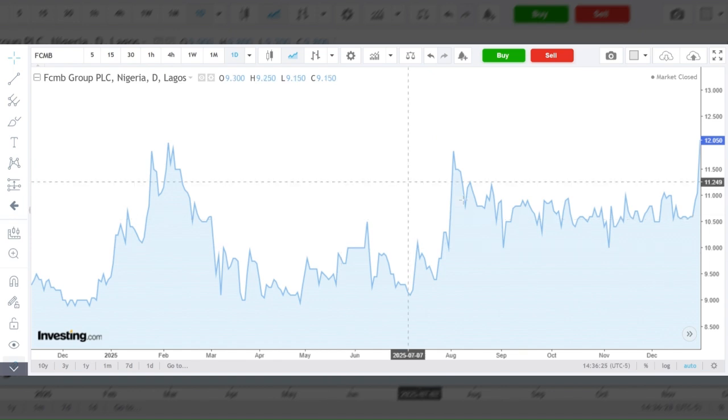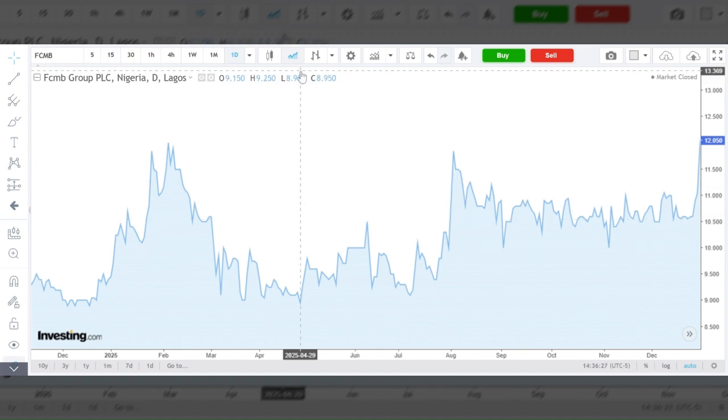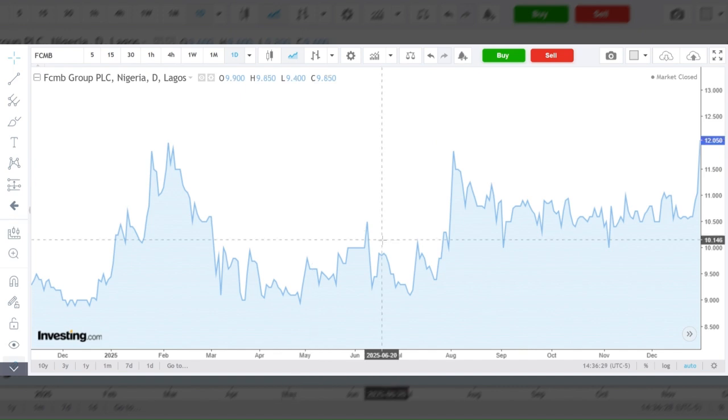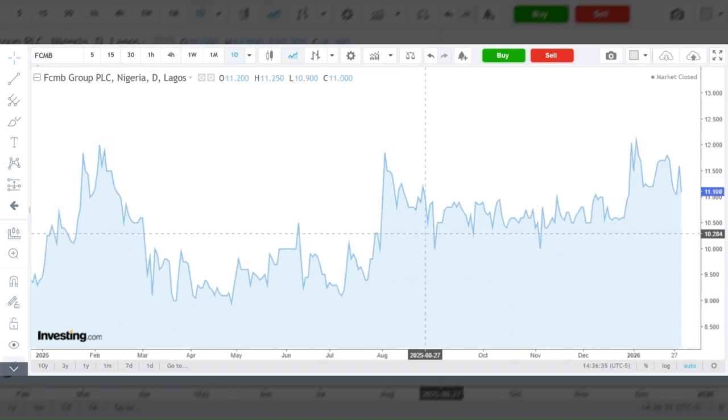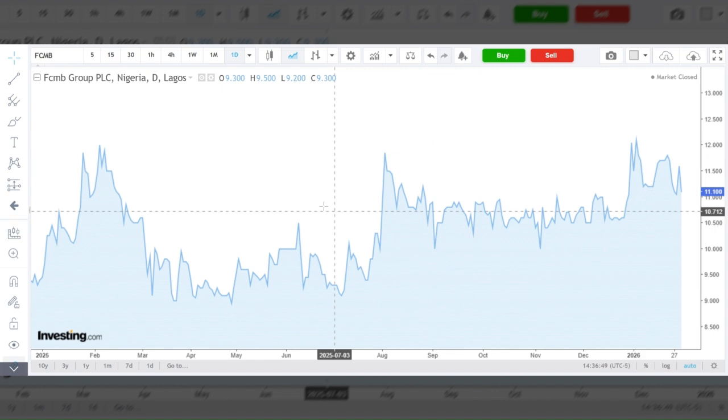I always use this area here to catch the spots to put my support and resistance line. When we meet choppy markets like this, we always use support and resistance lines, to know where it supports and resists, and know where it breaks out, to get another 52 weeks high or another uptrend or downtrend.